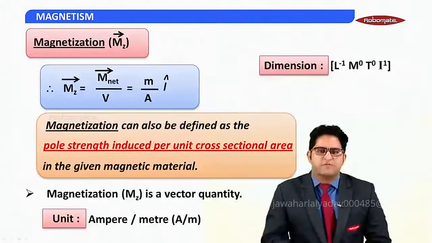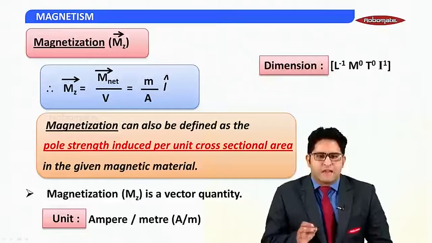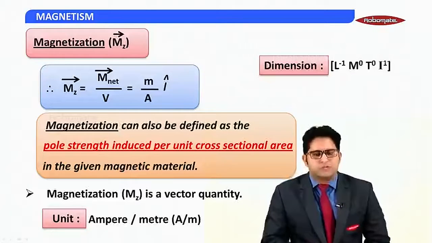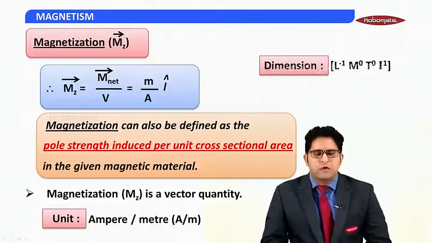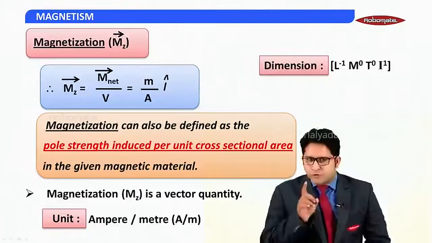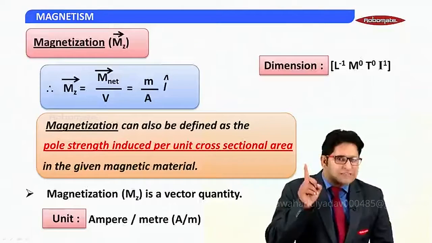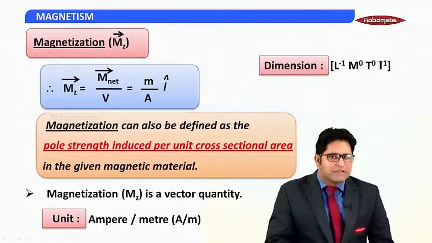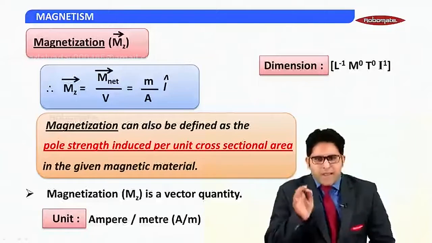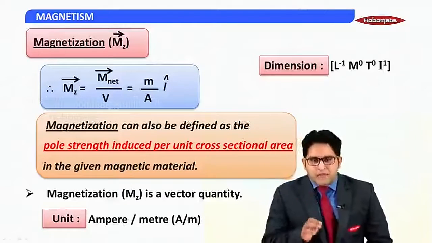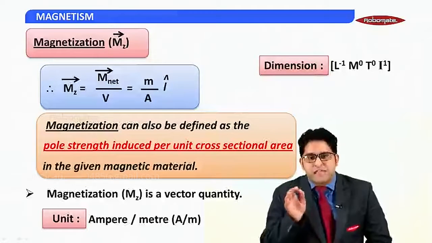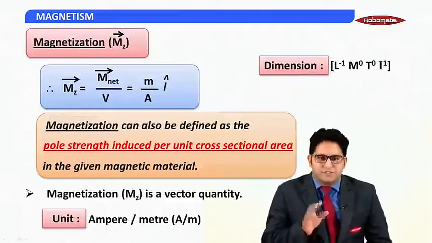The dimension for this quantity is L raised to minus 1, M raised to 0, T raised to 0, and I raised to 1. Now students, do you remember this unit and these dimensions are the same as that of magnetic intensity? So I can say that magnetic intensity and magnetization have the same unit and the same dimensions, right?